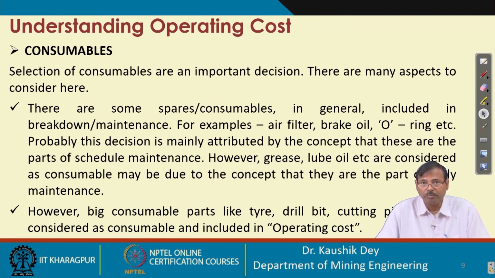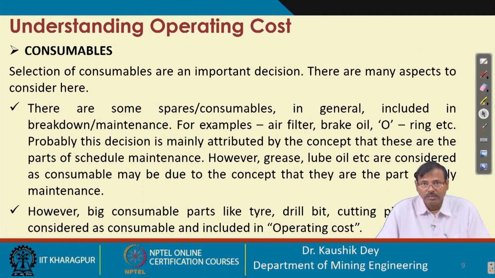You may need to change an O-ring in between also, because there may be some leaking, but that is the failure of the O-ring. O-ring is supposed to run up to that particular period, and the price of O-ring is also very less, maybe 5 rupees or so.